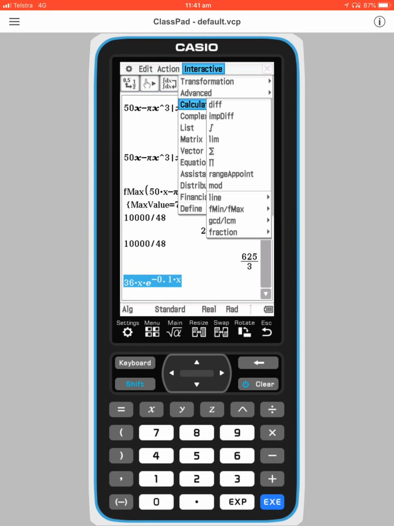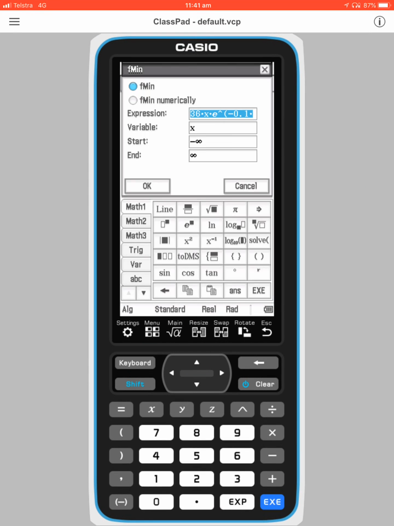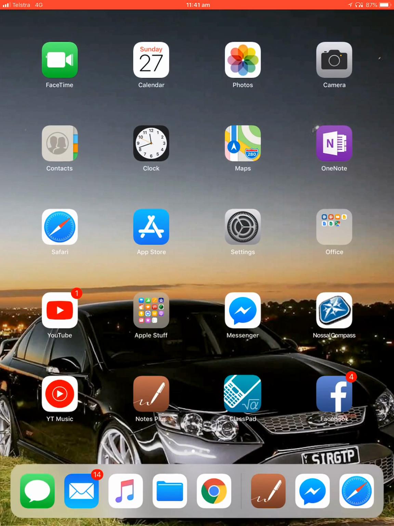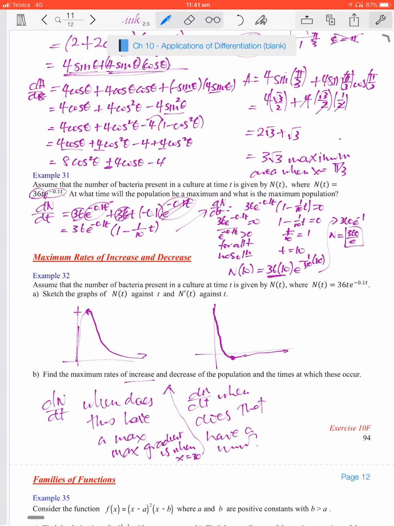Okay, calculation, f min. So does this function ever have a minimum? It occurs at negative infinity, so it goes down forever. But if the assumption is when is the maximum number present?